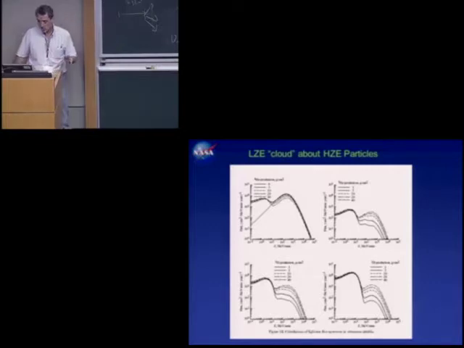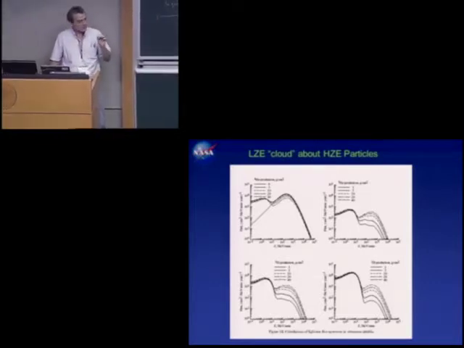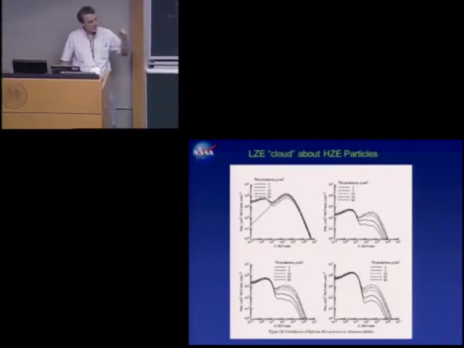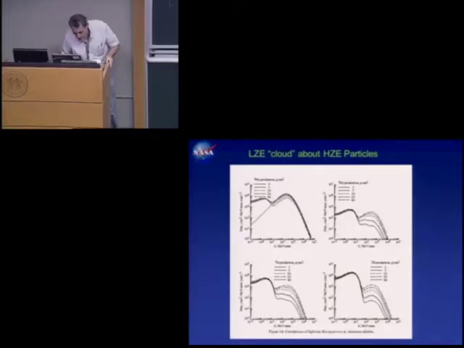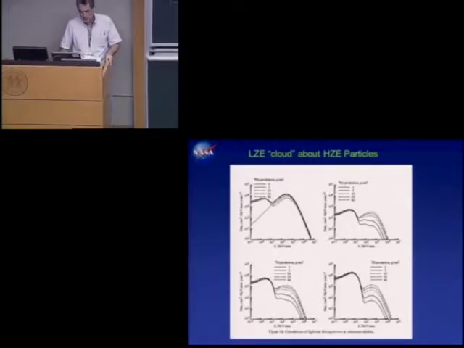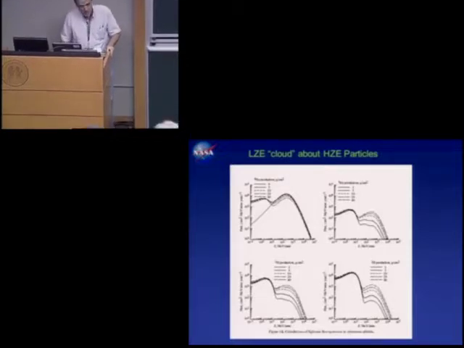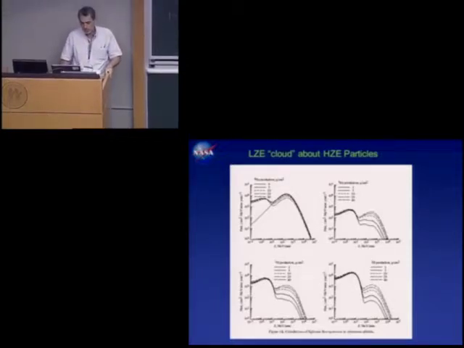So don't be deceived by the range of these light particles, because they're just constantly being made as the fast particles go through the shielding. And they just taper off slowly as you increase the shielding depth. This shows from 0 to 40 grams of aluminum shielding. So you always have these low energy particles.